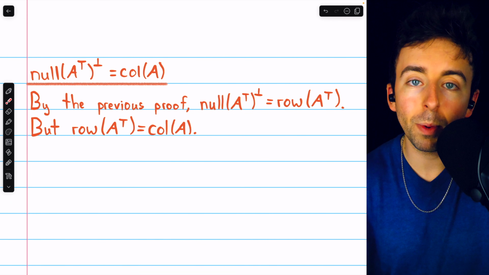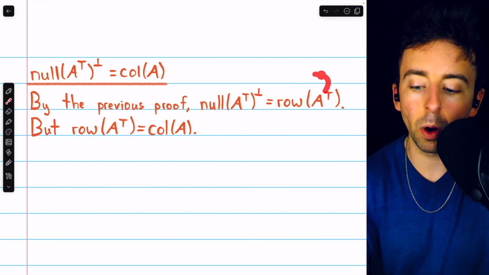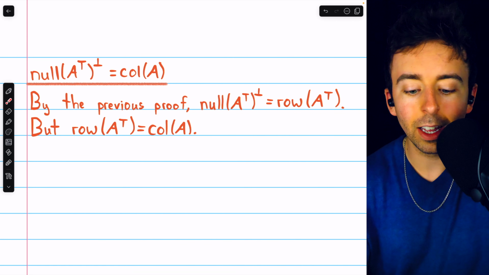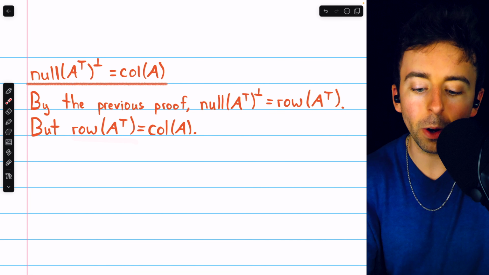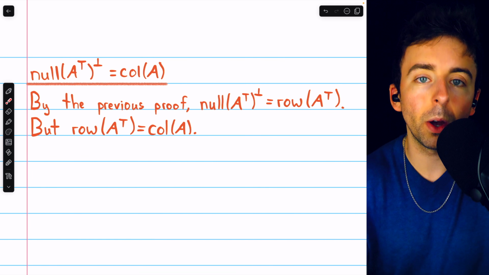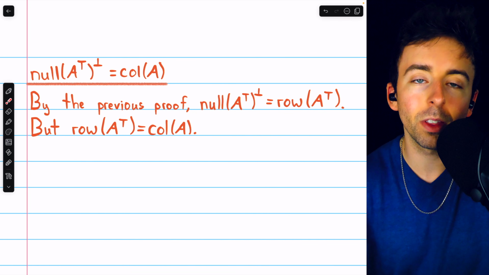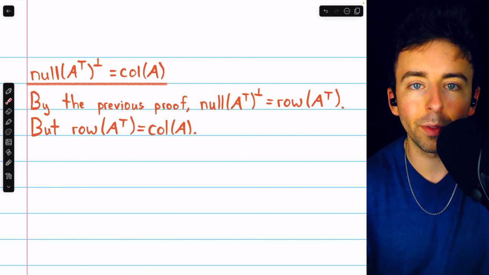We know that the row space of a matrix is the orthogonal complement of its null space. So the row space of A transpose is the orthogonal complement of its null space. But the row space of A transpose is the column space of A, because the rows of A transpose are the columns of A, and thus we've established the second relationship that the column space of A is the orthogonal complement of the null space of A transpose.